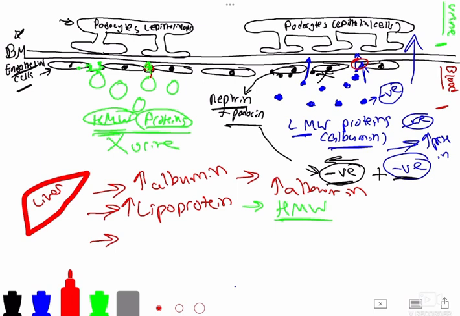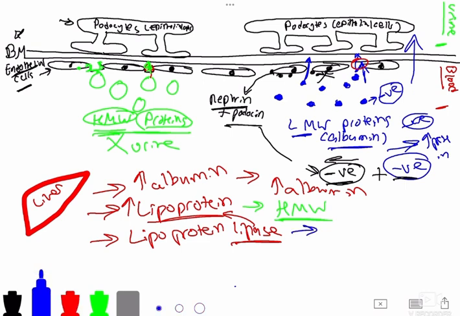There's an enzyme called lipoprotein lipase, which, if you haven't guessed, breaks down the lipoprotein. But unfortunately, lipoprotein lipase is a low molecular weight protein, meaning it does pass through, because there's a loss of negative charge here, like we said.